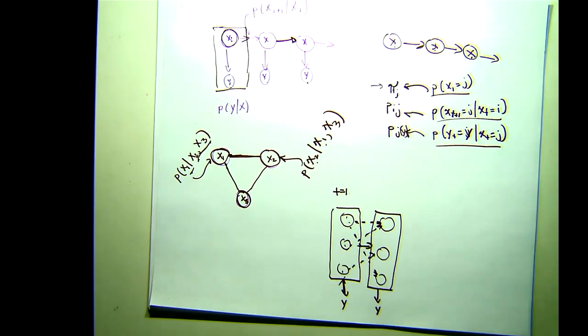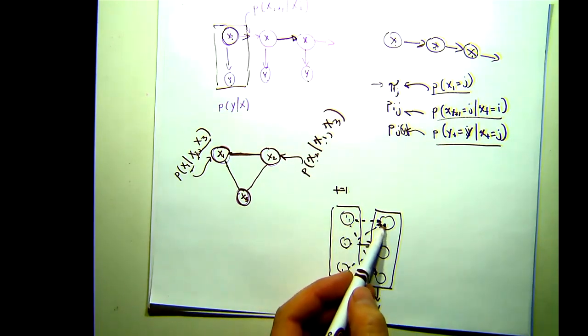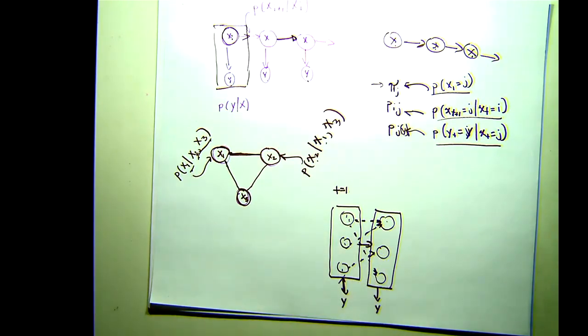So there might be connections from x1 equal to 1 to x2 equal to 1, 2, 3, but some of them are going to be really low and some really high. So it's a bit of a misnomer to say you can only do this transition. It's possible that some of the transition probabilities are 0, but if it's learned, that's probably not going to be true.